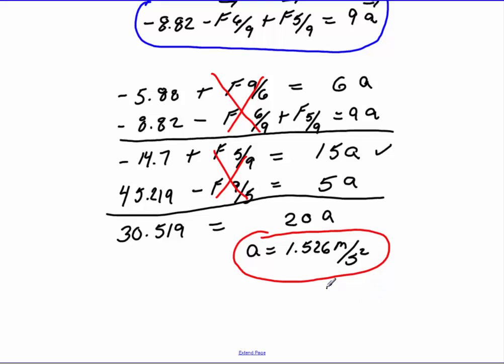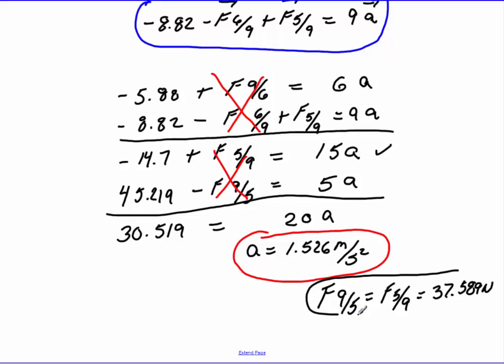All right. So I got F9/5, which is equal to F5/9. Did you get 37.589? Yeah. Okay, and then we'll do 9/6. 6 times 1.526 plus 5.88.